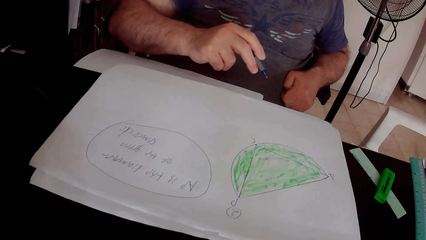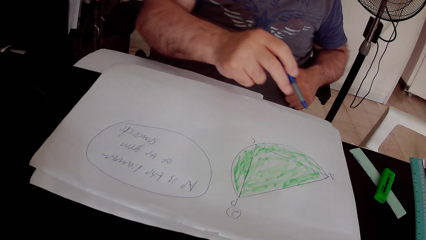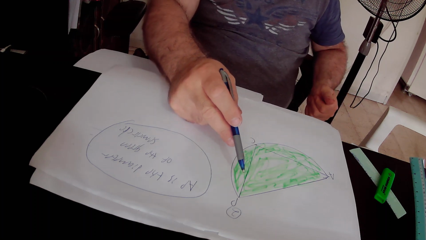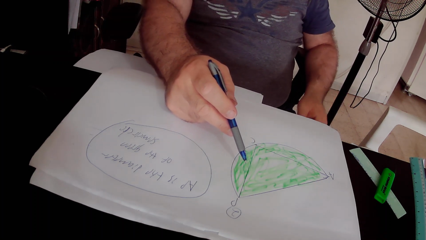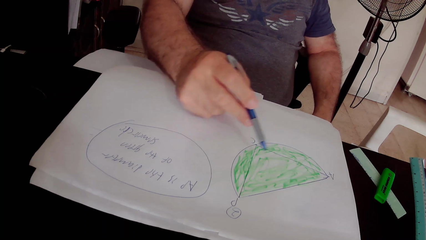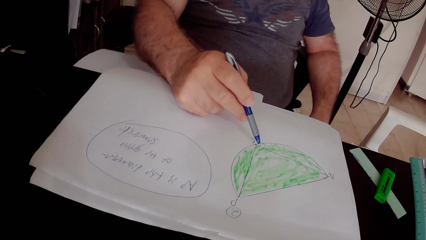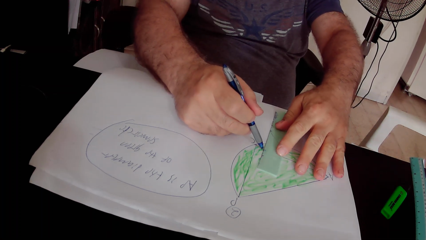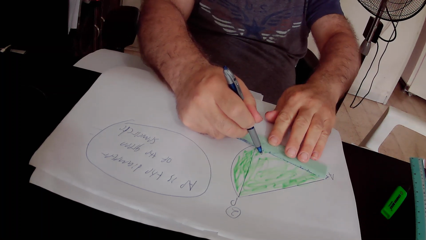AP is the diameter of this green semicircle, and we have peripheral angle ACP that is subtended on AP, that is the diameter of this semicircle, and therefore according to rule 7, peripheral angle ACP must be equal to 90 degrees in its size. So this angle ACP equals 90 degrees according to rule 7.